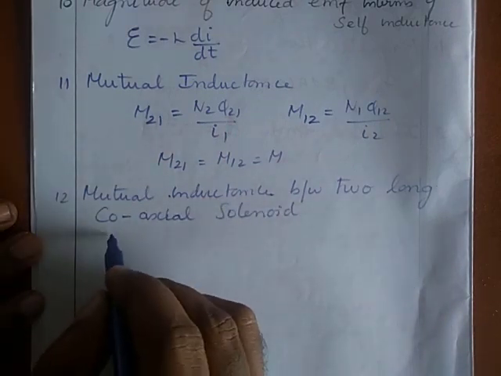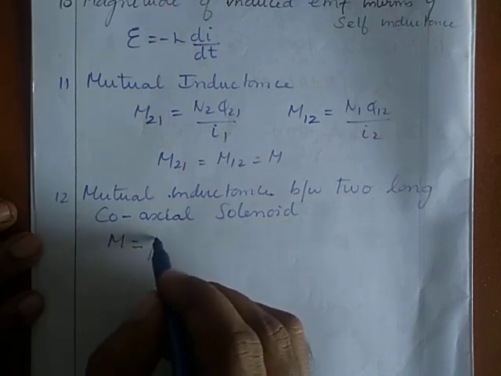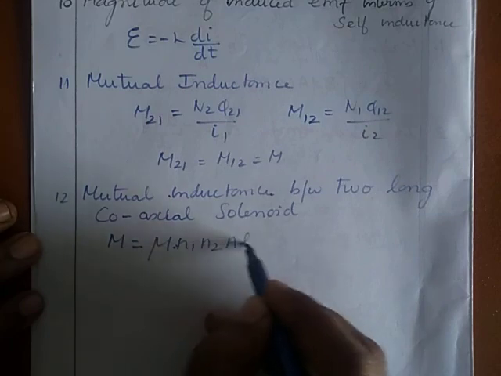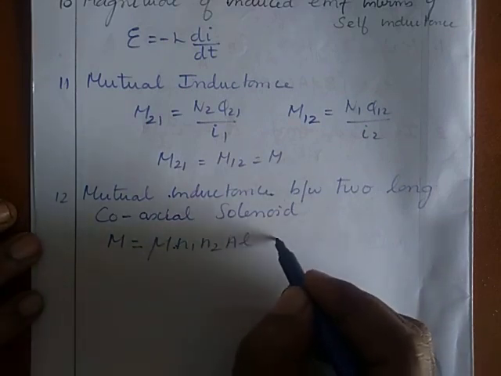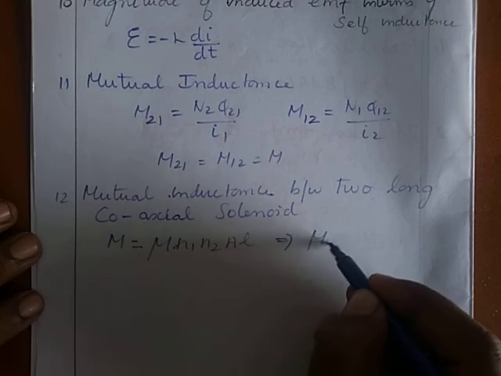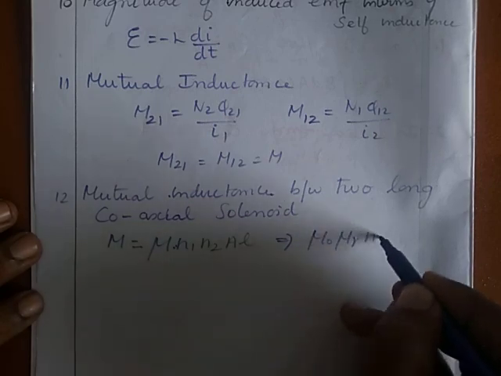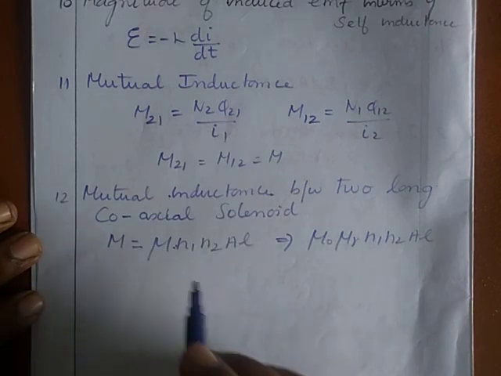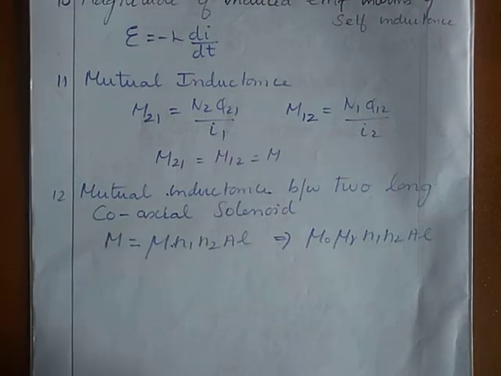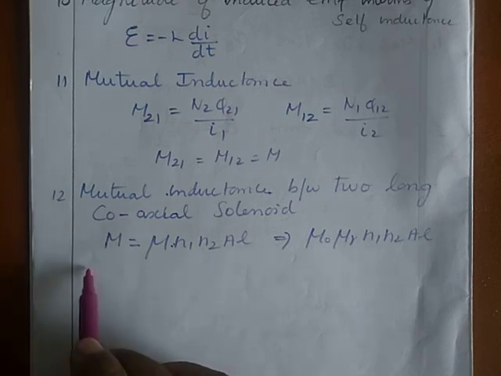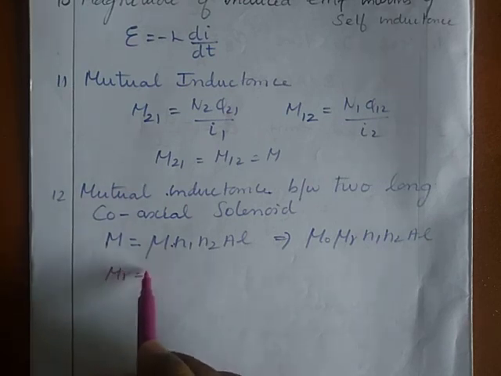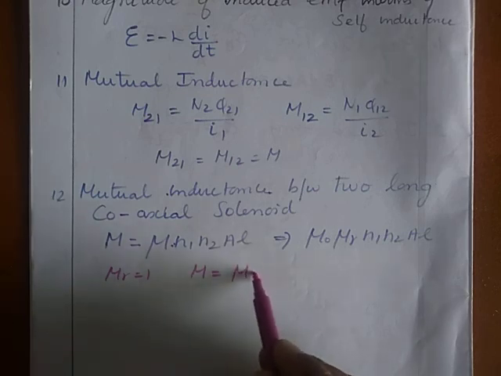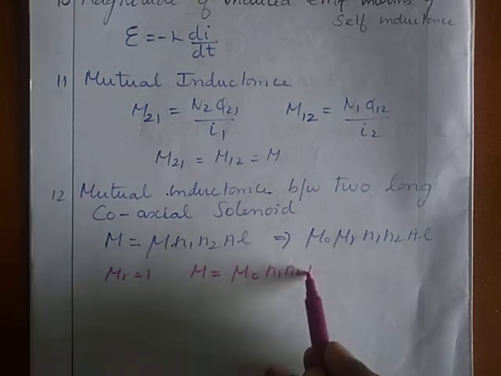For this, M is equal to mu N1 N2 AL. Here mu becomes mu naught mu r, then N1 N2 AL. For air medium we know mu r is equal to 1. In that case mutual inductance M is equal to mu naught N1 N2 AL.